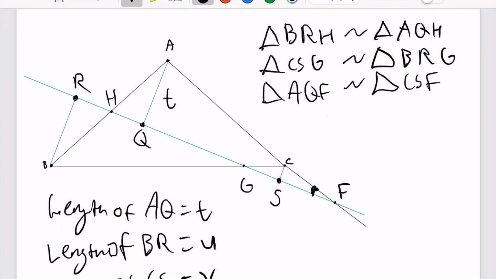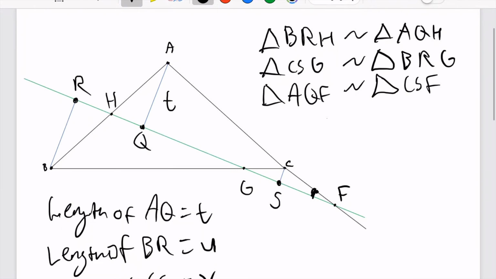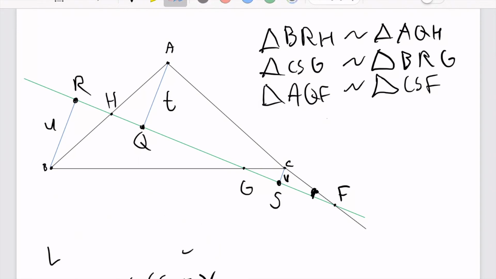Okay. Now I'll write these in the diagram. So this is already T. Then this will be U. And this will be V. Not a U. Okay. Now, if you recall, if you have similar triangles, the ratios will be the same.